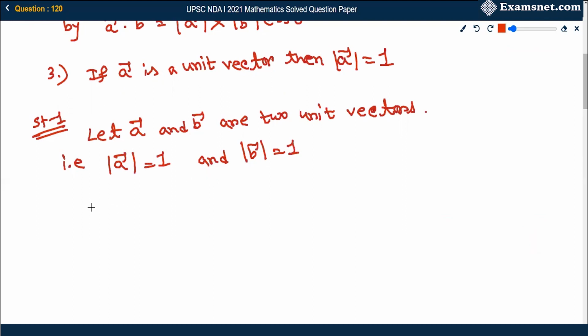Now, the cross product of these two vectors A and B vector is given by mod A mod B sin theta n cap.